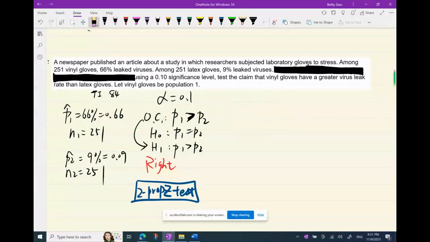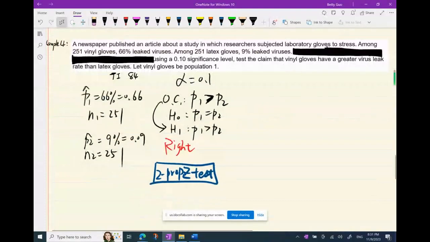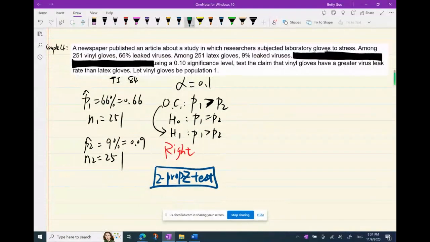So when you do your homework, you have to see whether the system accepts the rounding. x1 equals n1 times p1 hat, rounded to the nearest whole number. Same with x2, n2 times p2 hat.